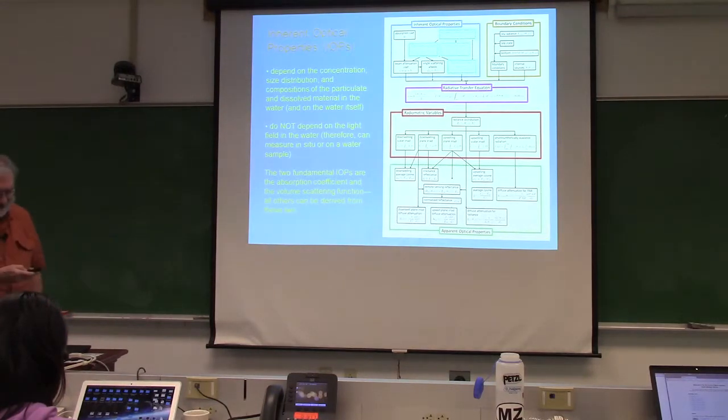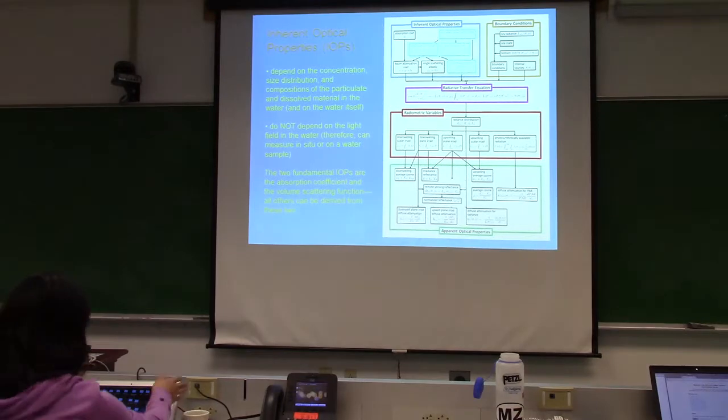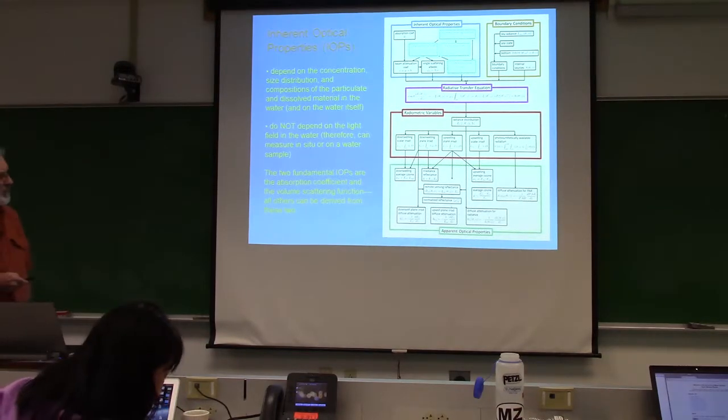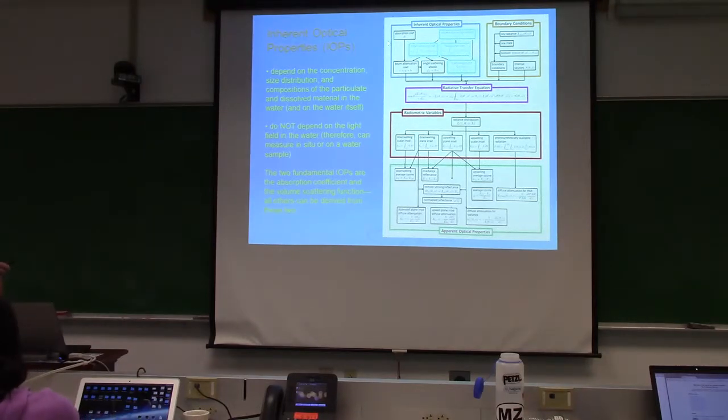You've seen this a couple of times and it's on the wall over there, but the bottom line is I've got this kind of organizational chart of all of optical oceanography, at least that we're going to do in here. You guys have been up here looking at the absorption box and learning how to measure absorption, and today we're going to look at all these boxes that have to do with scattering.